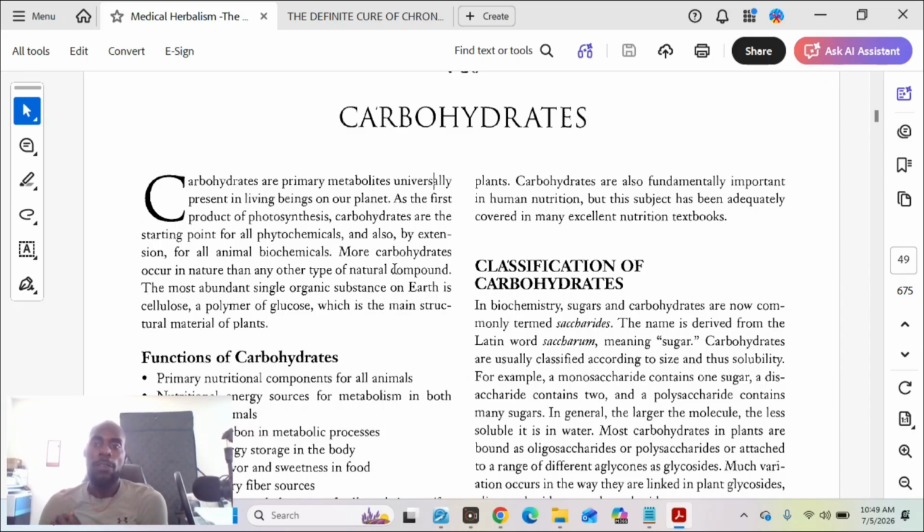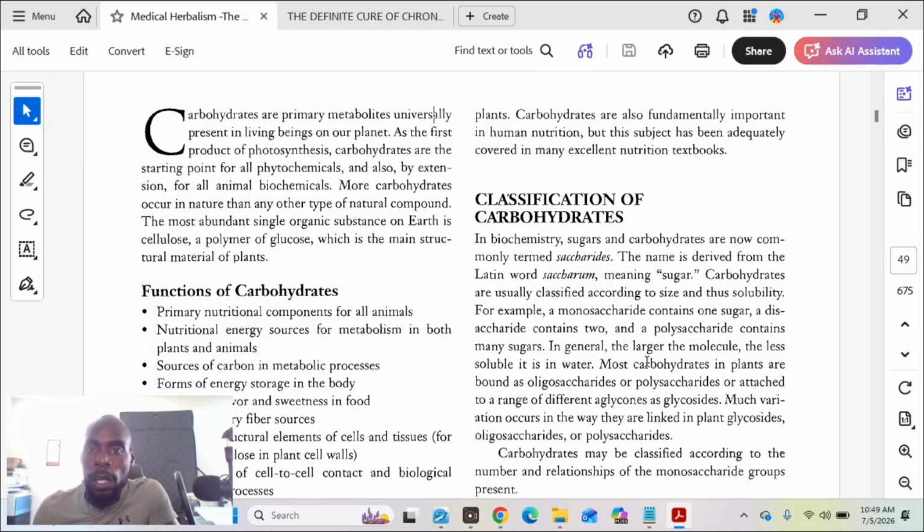This is what everything is practically made of. So of course, the derivatives of these things are going to be classified under carbohydrates. So now we're in the classification of carbohydrates.